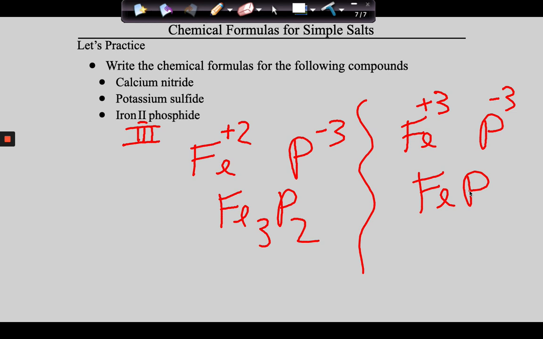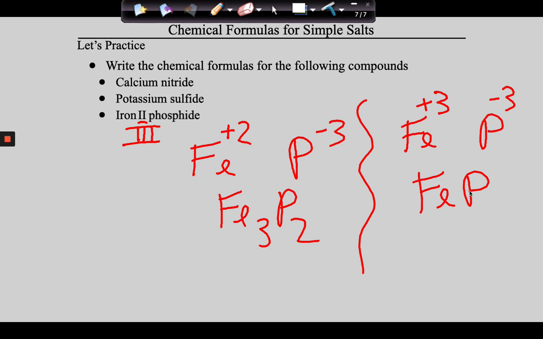When we start doing this in lab, I'm going to show you ways to figure it out. Yeah, so the Roman numeral game, we only play on the first element, the metal. If it's the second one, and if there's more than one charge, then we use the negative charge, and then we look at the group to figure out which one to use.